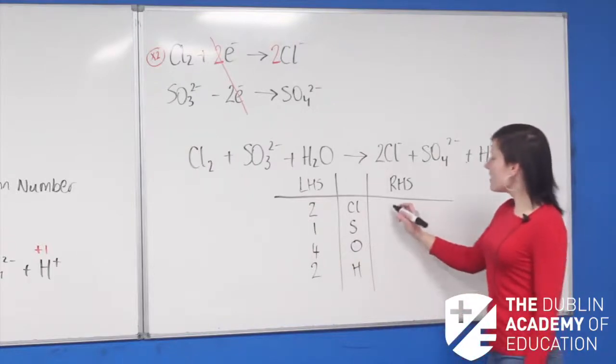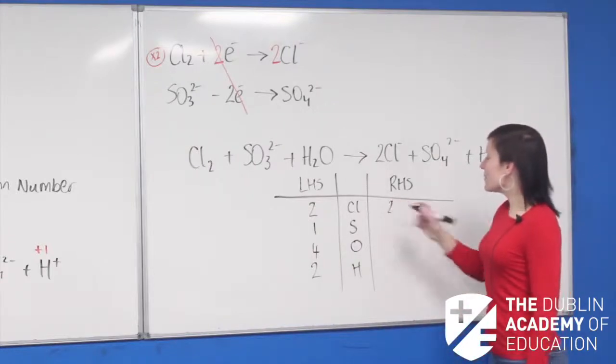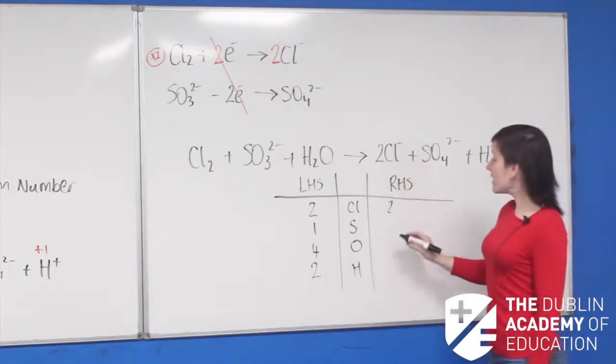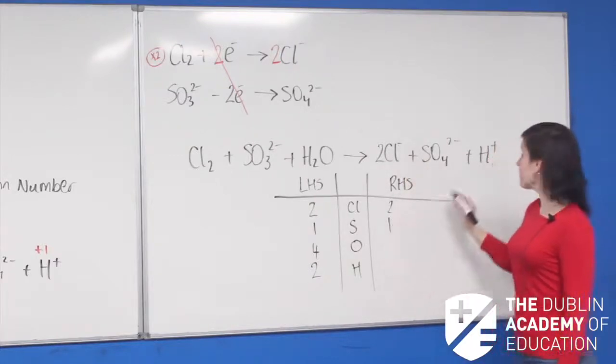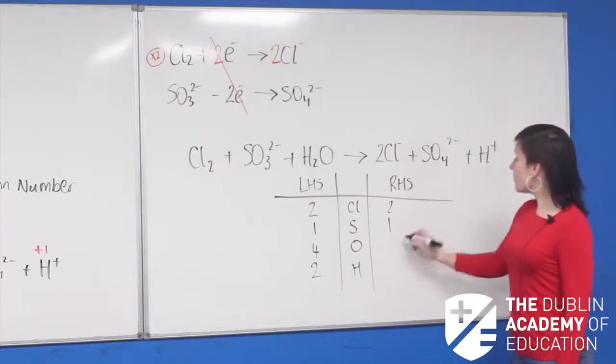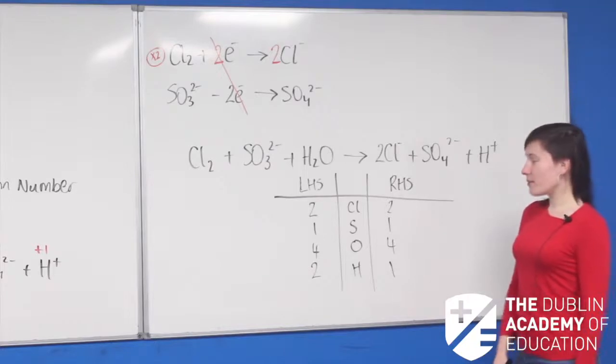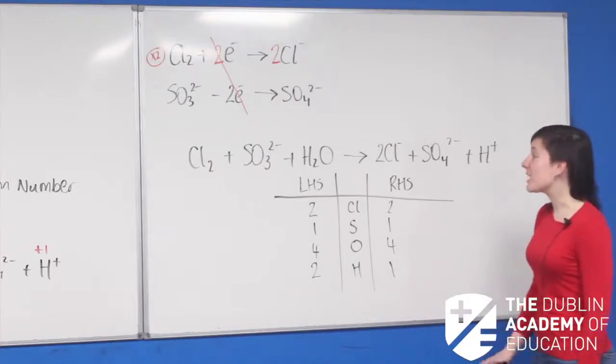On the right hand side we have 2 chlorines, 2 chloride ions, we have 1 sulfur, we have 4 oxygens, and we have 1 hydrogen. So it's not too much to be done here actually, as it turns out.